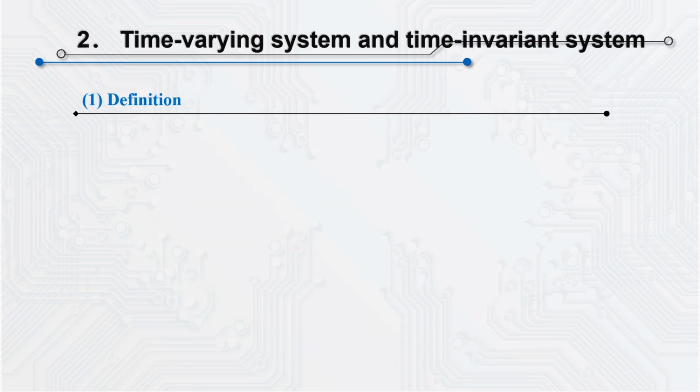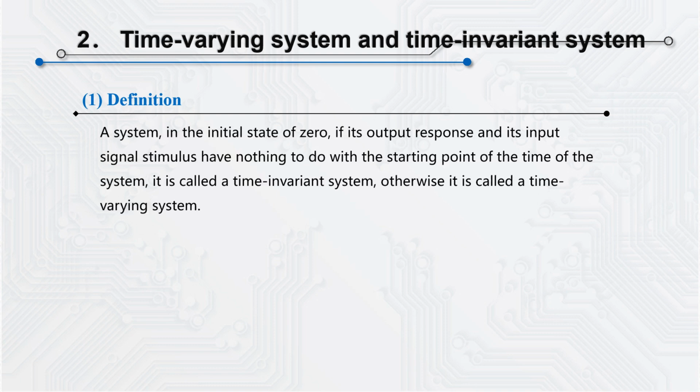Let's take a look at time-varying system and time-invariant system. First, let's look at the definition. In zero initial state, if the output response and input signal stimulus of a system have nothing to do with the starting point of time of the system, it is called a time-invariant system.